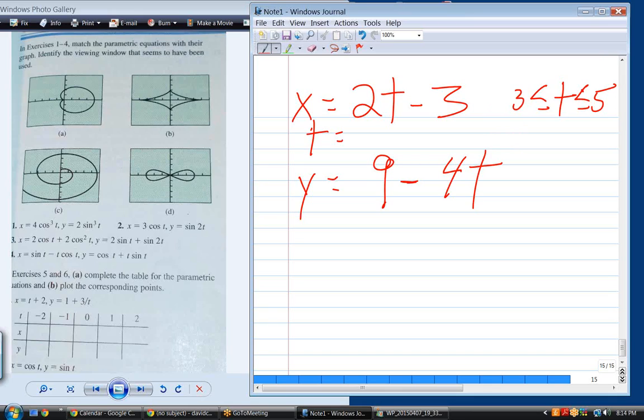But this exercise says eliminate the parameter and identify the graph of the parametric curve. So the way you eliminate a parameter when you just have polynomials like this is to solve each side for t, if you can do it. What's t equal to in this one?